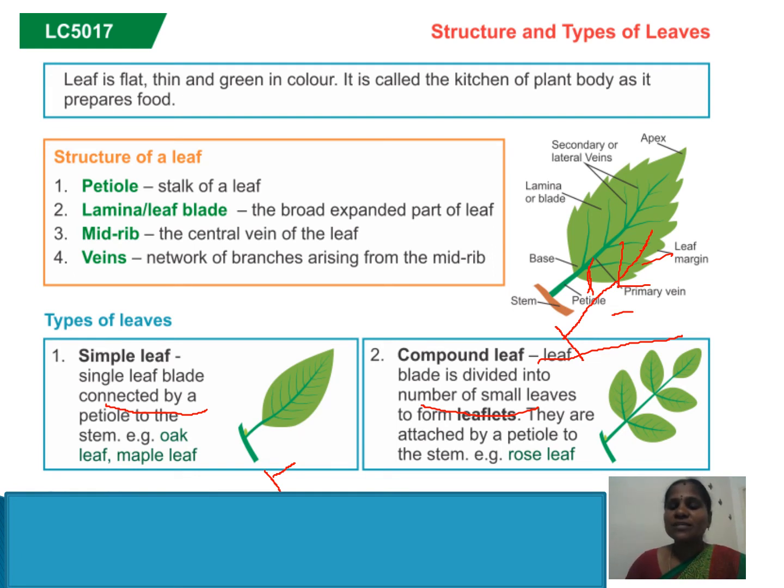Observe, the main midrib is there, and on both sides leaf blades are present. They are attached to the petiole, for example, rose leaf, tamarind leaf. All such leaves we call compound leaves.